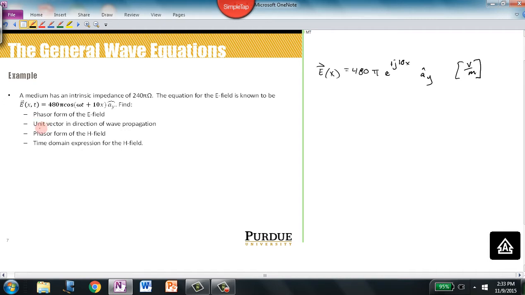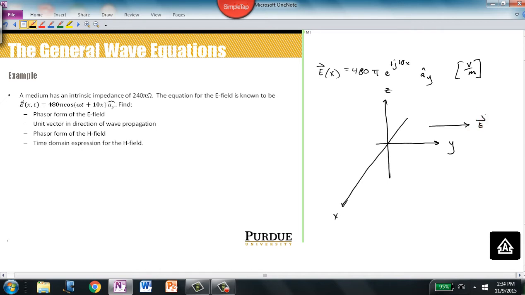We're next asked to determine the unit vector in the direction of the wave propagation. We have a little bit of information given to us in this problem statement about directions. The first is that the E field is oriented in the a hat y direction. So if I were to draw my Cartesian coordinate system, where this is y, this is z, and this is x, the E field is in the a hat y direction.